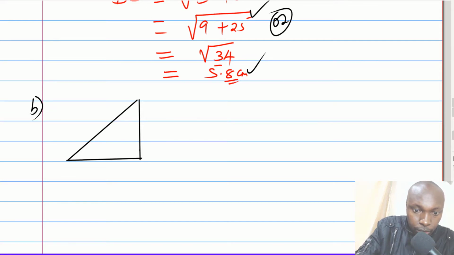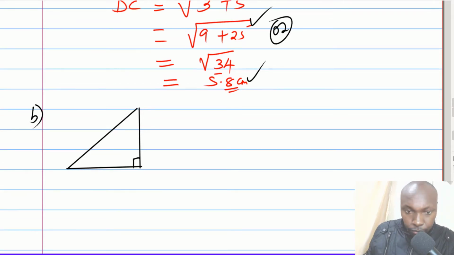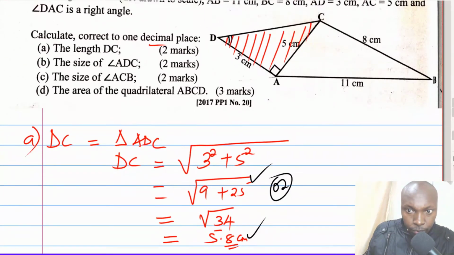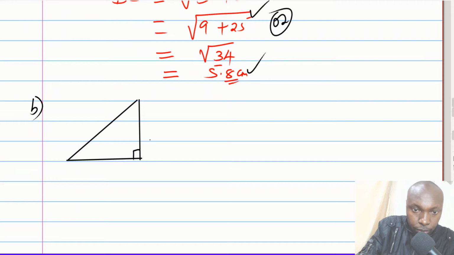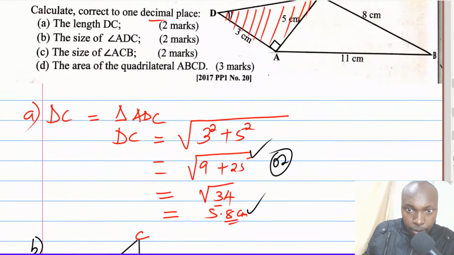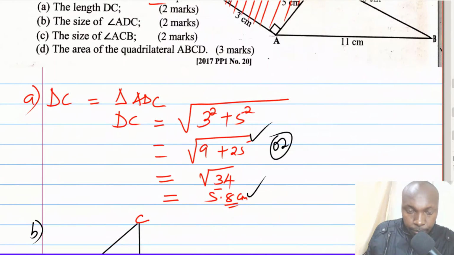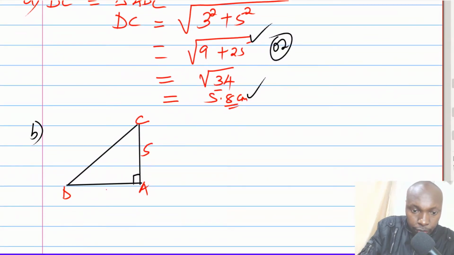So let me extract this one, it is ADC. So A is here, D is here, and C is here. Then the measurements are given. This is 5 and 3. So this is 5 and this one is 3. So we need to get this angle.